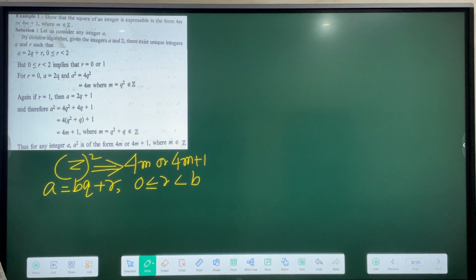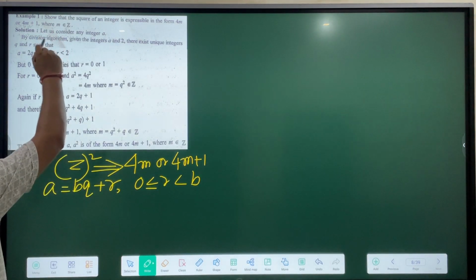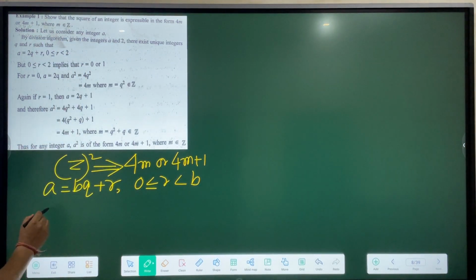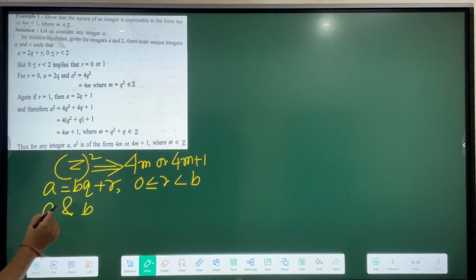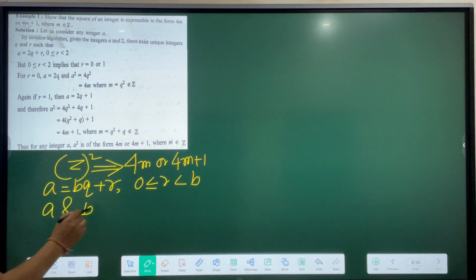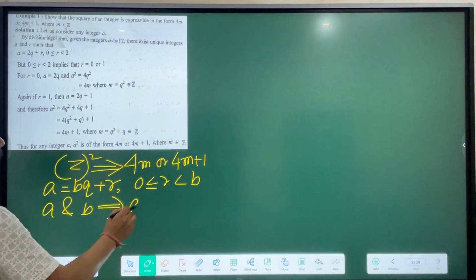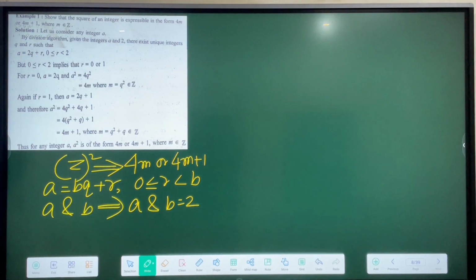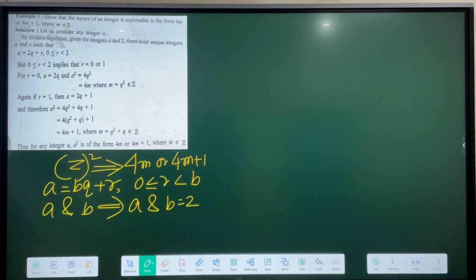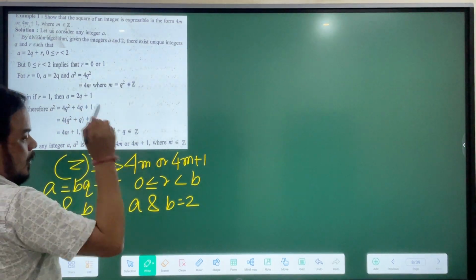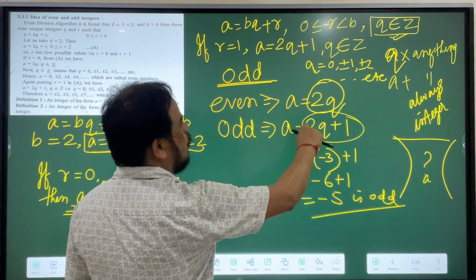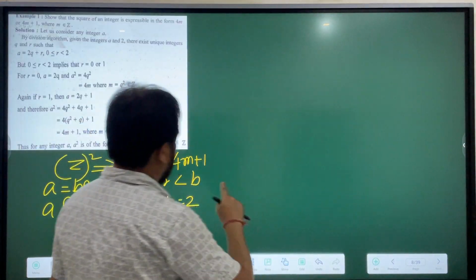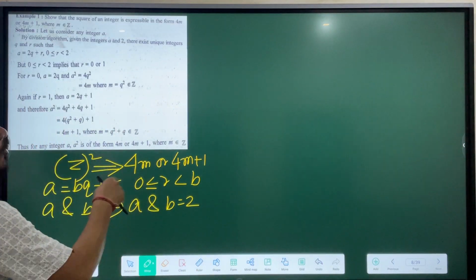Now what we have to take? Let us consider an integer A and B. I am writing shortly because it is done already. We will take A as A only and B we are going to take 2. Why 2? Because 2 is related to 4. In the previous sum, 2Q. If we get 2Q, then it will be easy for us.